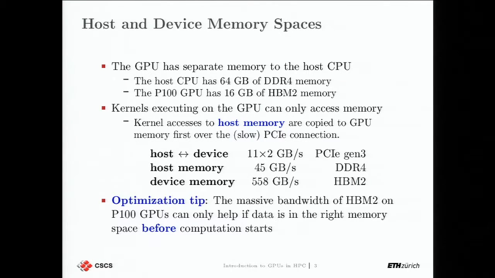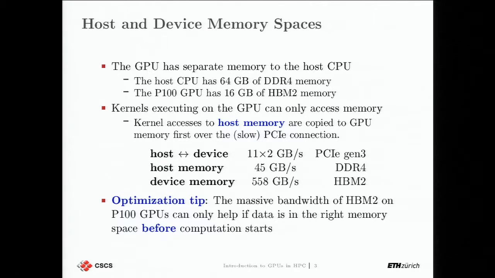That's been pushed up to 558 gigabytes a second, so very fast. The problem is, if we're copying between host and device on PCI Generation 3, we get about 11 gigabytes per second copying from host to device or from device to host.